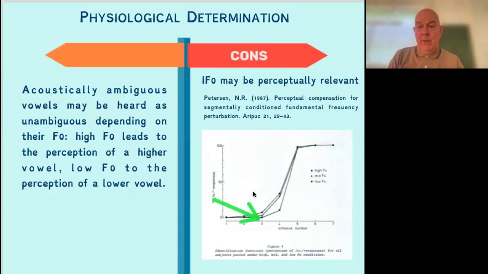But in that middle section, which contains acoustically ambiguous vowels, the lines represent different pitch heights.